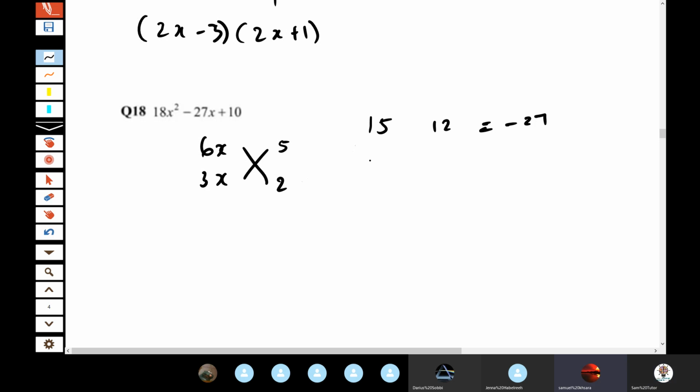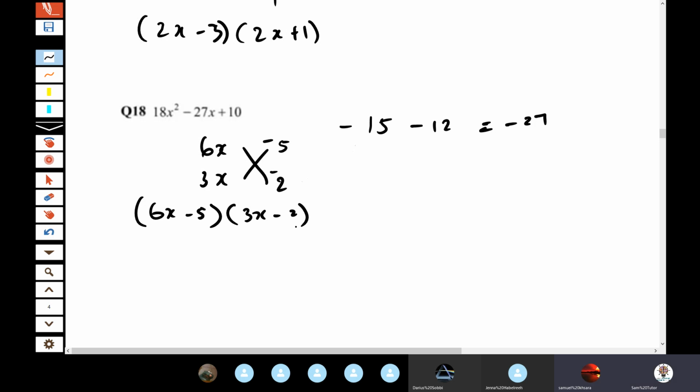Multiply by a negative. No. Both got to become, yeah, they both have to be negative. They both have to be negative. So when you subtract them, they become negative 27. And then just look at it. If you multiply two negatives, it gives you back your positive 10 that you want. So the answer is 6x minus 5 and then 3x minus 2.